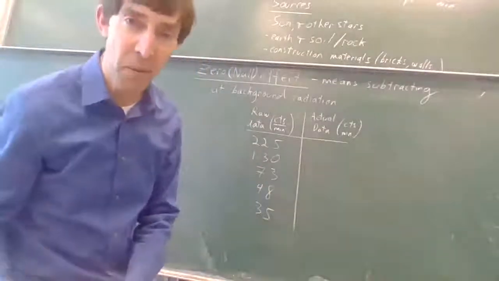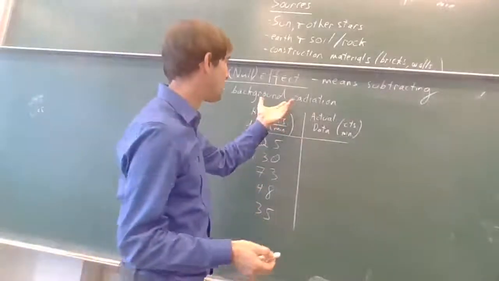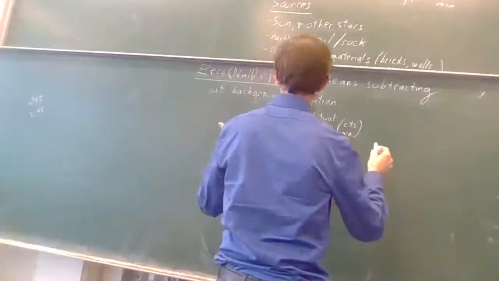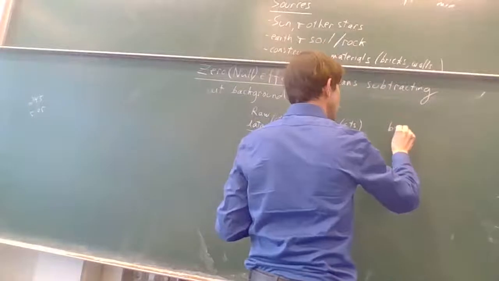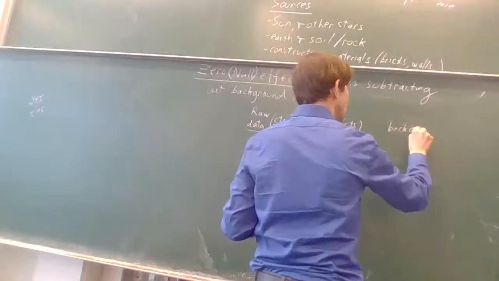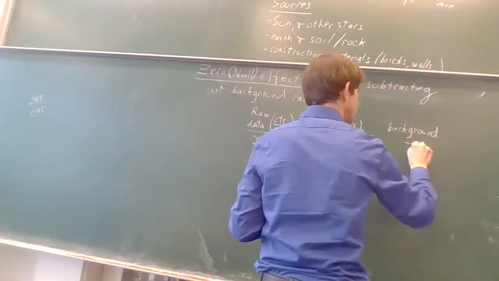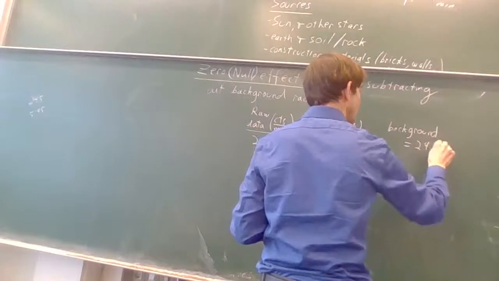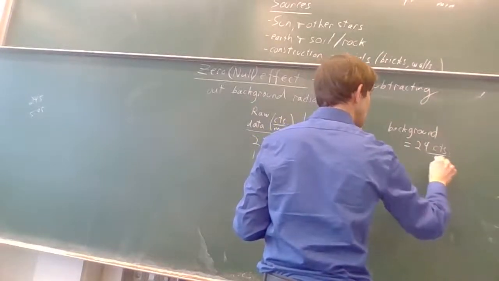Okay, the problem is what? We've got a background radiation. Let's say our background equals 24 counts per minute, just to make it easy.